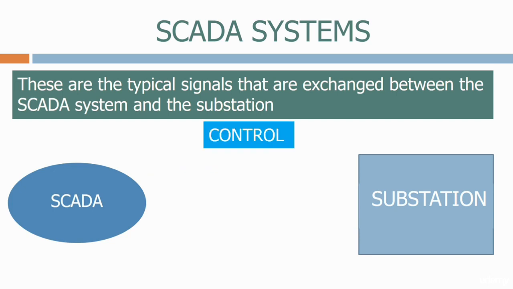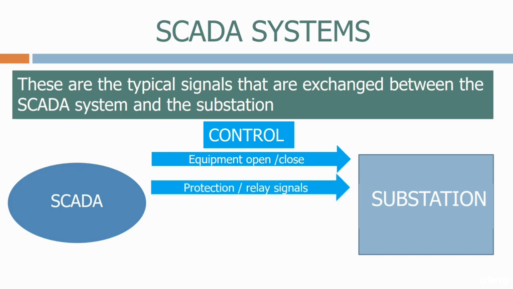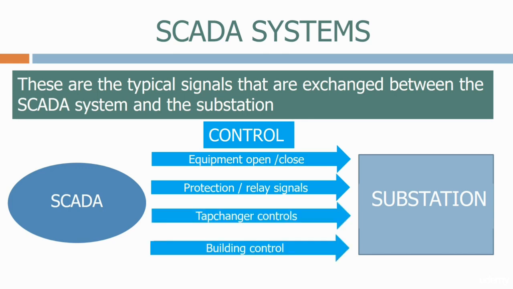Next, we have control signals from the SCADA system to the substation. These include equipment open and close signals, protection relay signals, tap changer controls to change the voltage, and building control signals, for example, to allow access to the substation.